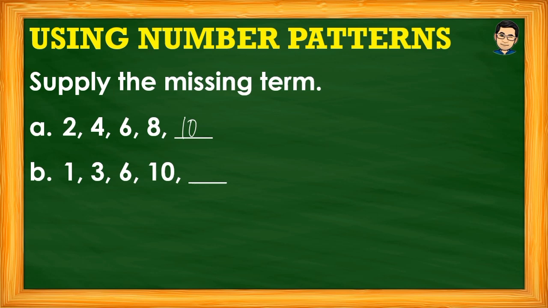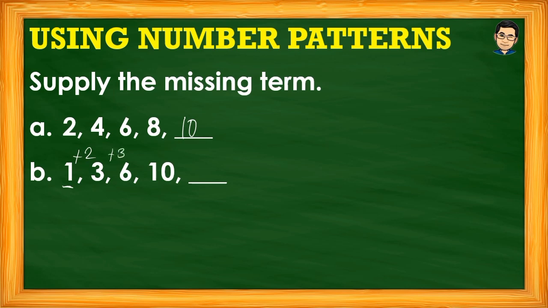Next, 1, 3, 6, 10. Nagsimula tayo dito sa 1. And then, paano natin nakuha yung 3? Mag-a-add po tayo ng 2. 1 plus 2 is 3. Paano natin makukuha yung 6? Mag-a-add tayo ng 3 sa 3.